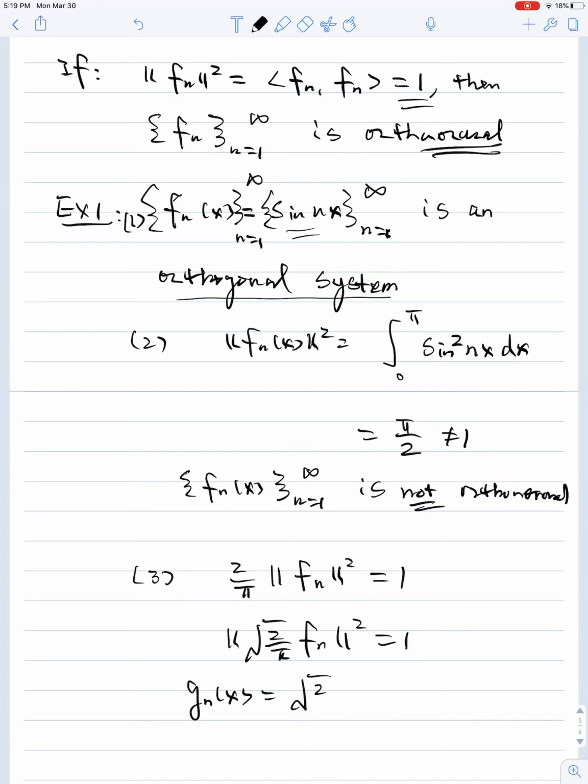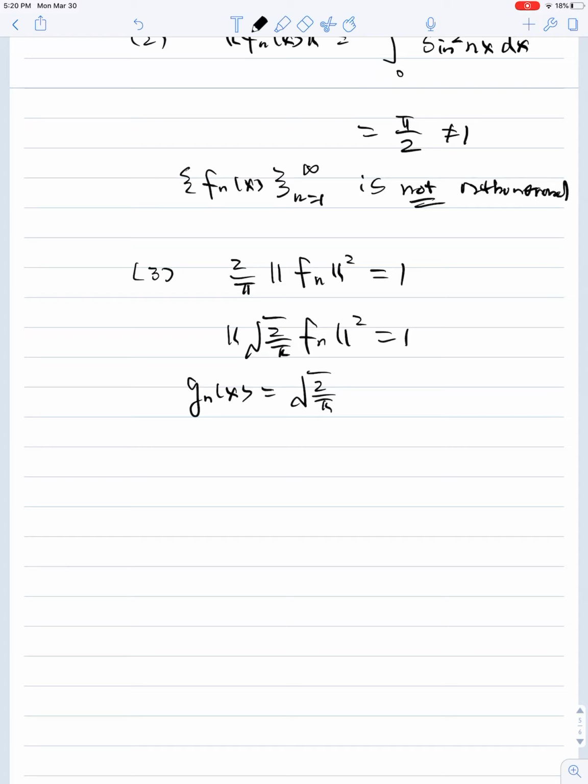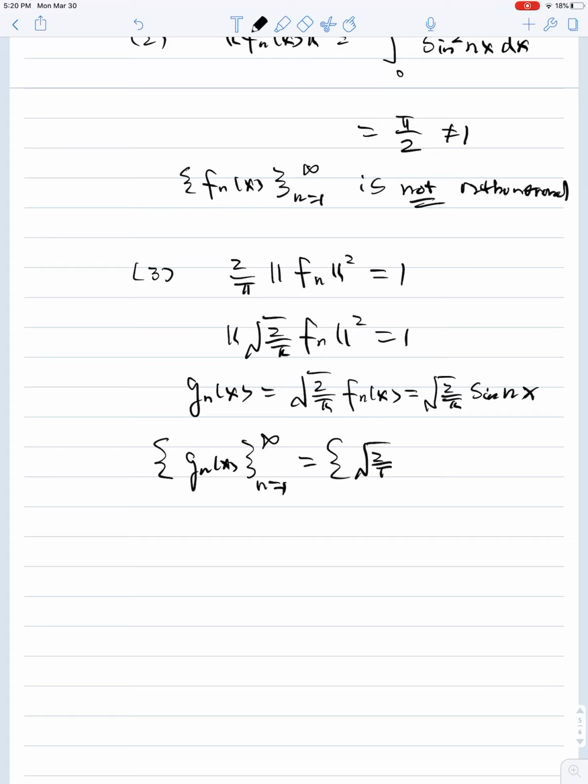So if we let g_n(x) equal the square root of 2 over pi times f_n(x), which is the square root of 2 over pi sine nx, then this system, the square root of 2 over pi sine nx, n from 1 to infinity, is an orthonormal system.